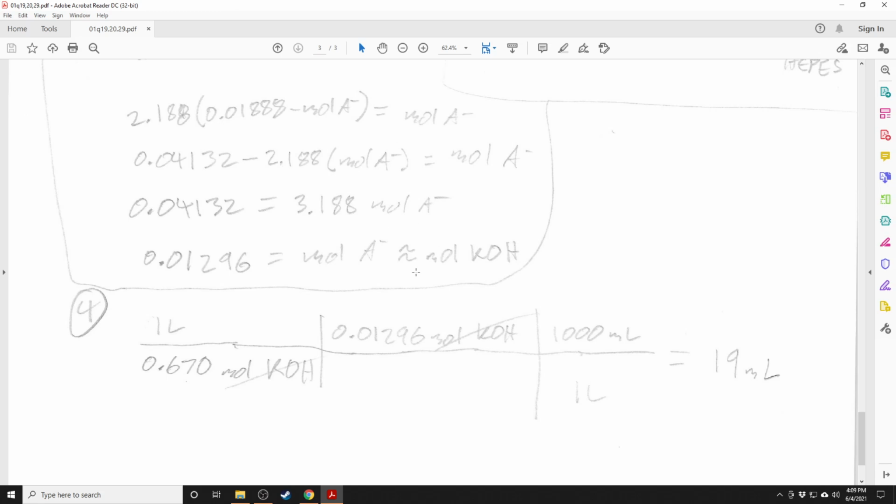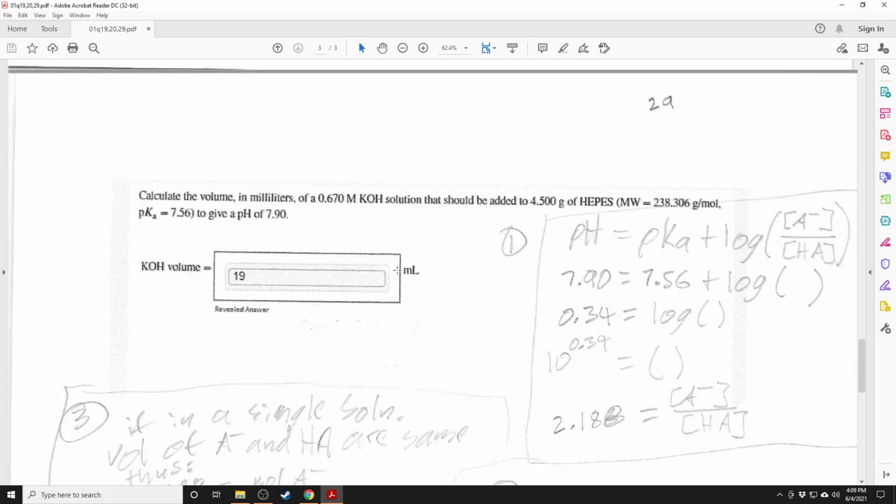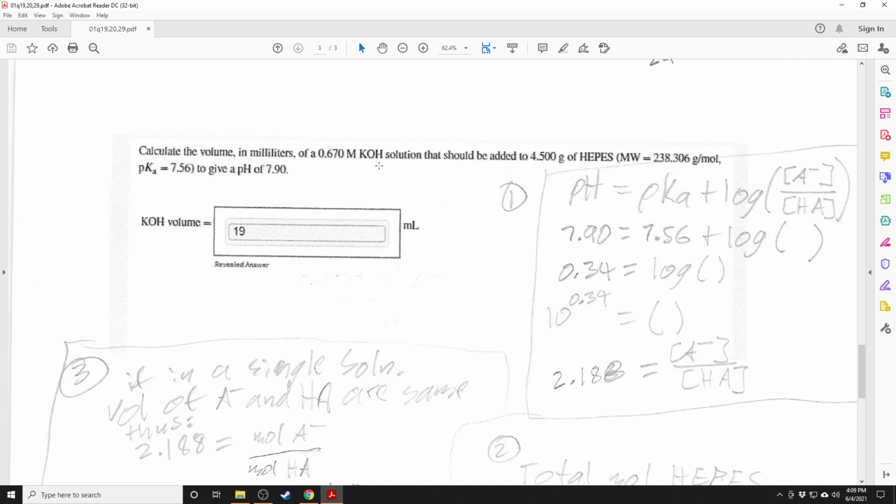Now, the vast majority in a weak acid situation like this, in a buffer situation, of my dissociated species is going to be the stuff that I've neutralized, if I've neutralized any of it. So this problem tells me that I'm putting in some amount of KOH, okay? And the vast majority of that A minus is going to be the A minus because I've reacted away the HA, the acid, using the KOH, which is the base.